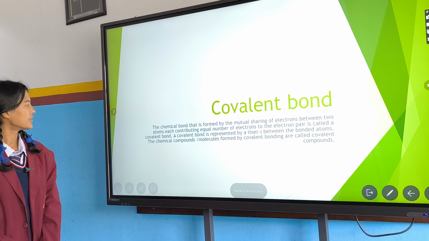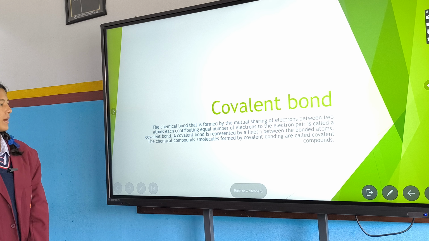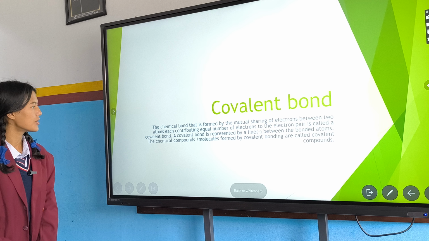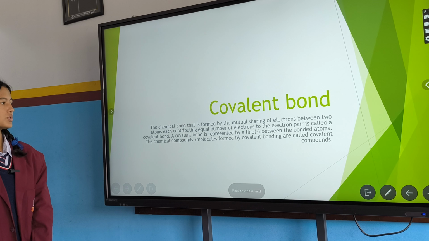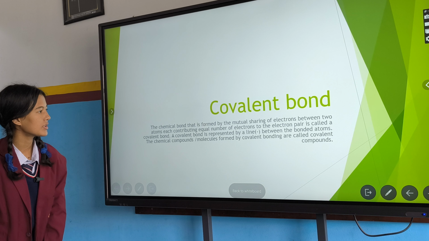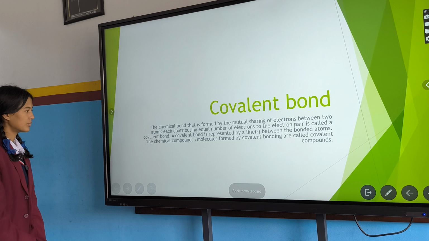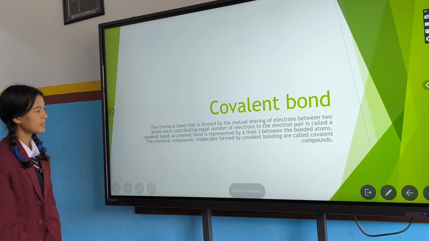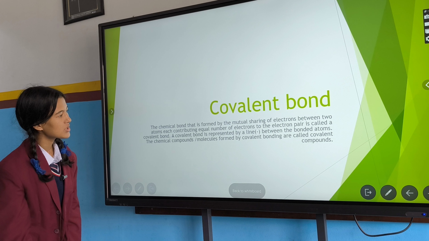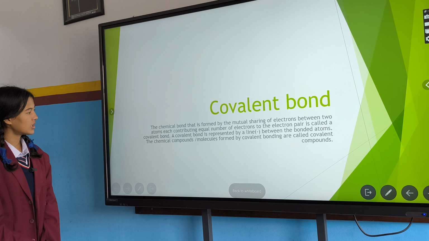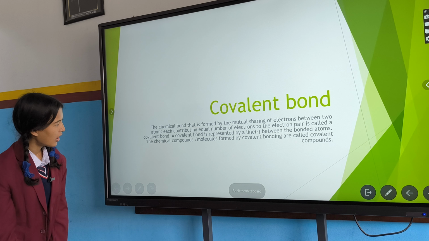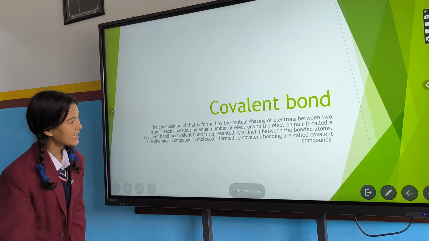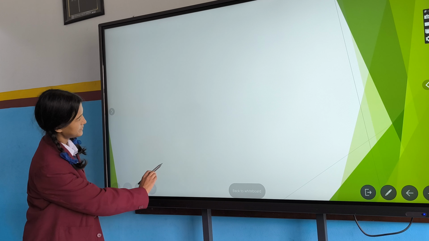Covalent bond. The chemical bond that is formed by the mutual sharing of electrons between 2 atoms, each contributing an equal number of electrons to the electron pair, is called a covalent bond. A covalent bond is represented by a line (minus) between the bonded atoms. The chemical compounds or molecules formed by covalent bonding are called covalent compounds.